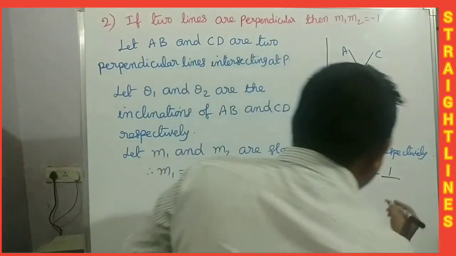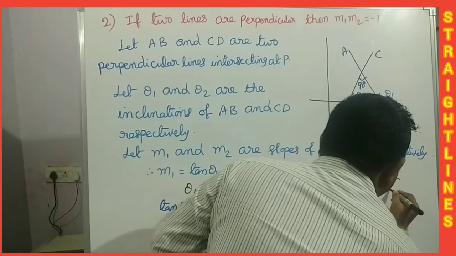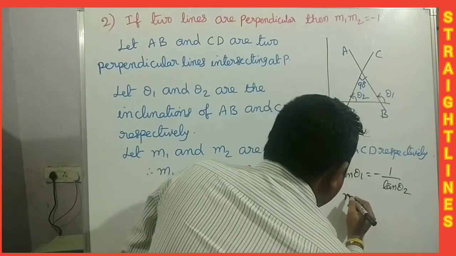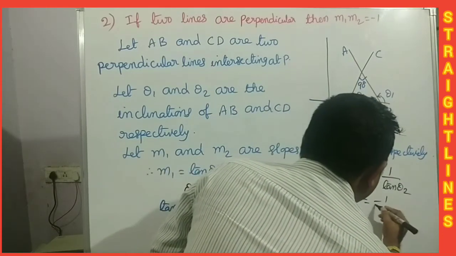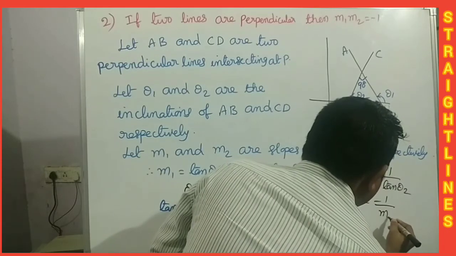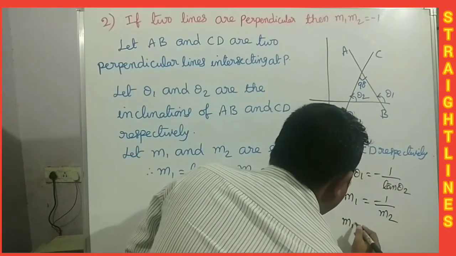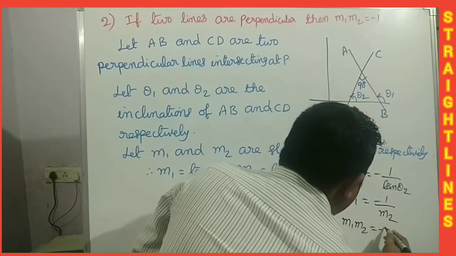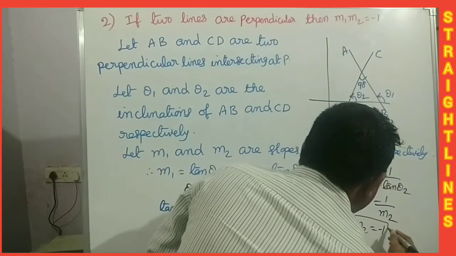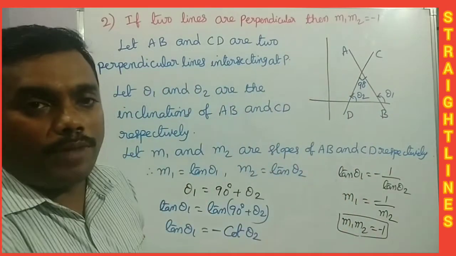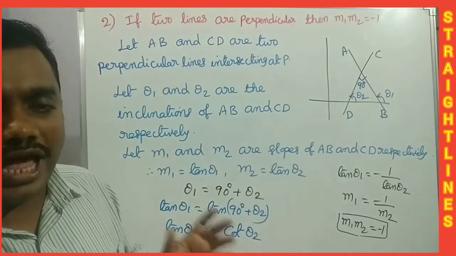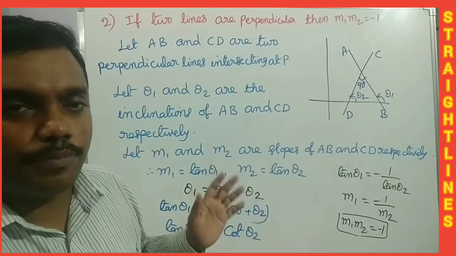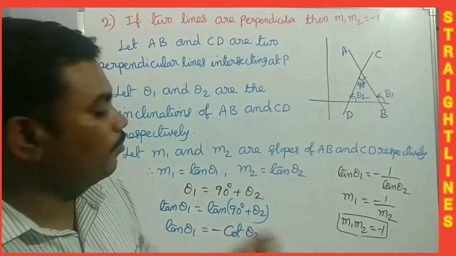Tan theta 1 value is m1, and tan theta 2 value is m2. So m1 m2 equal to minus 1. So here if two lines are perpendicular, then the product of slopes is equal to minus 1.